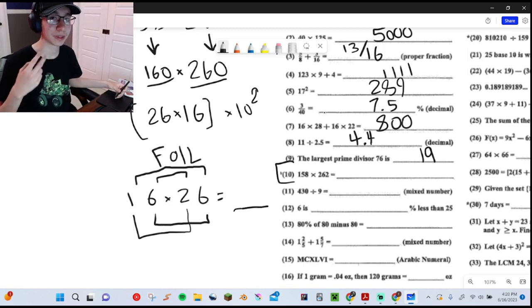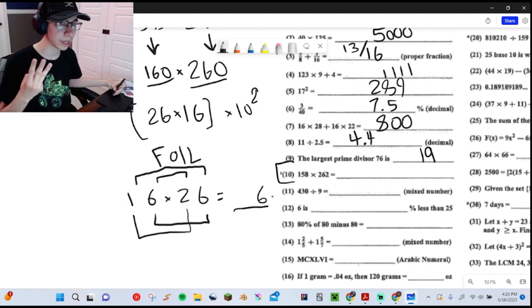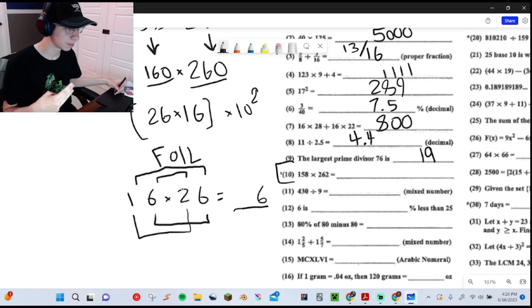So let's remember our steps. 6 times 6 is 36. So I'm going to write down the 6, carry 3. Then I'm going to get the sum of the product of our inner and outer terms. So 6 times 2 would be the product of our inner.